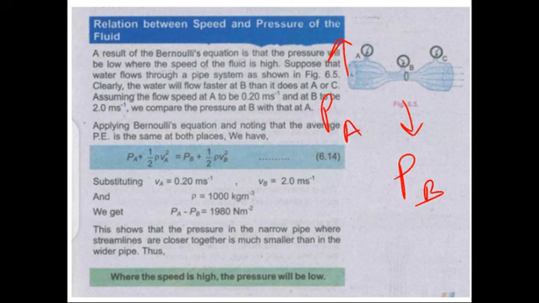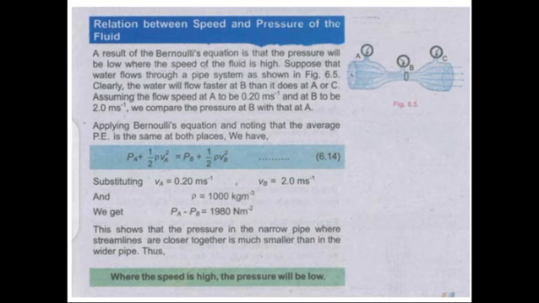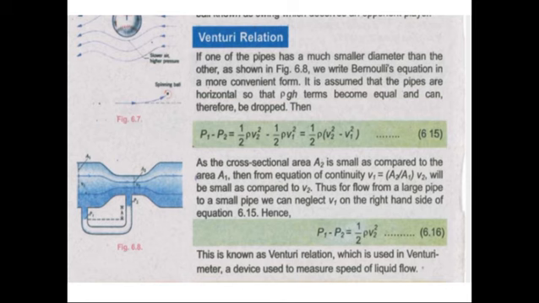Our next topic, the third application of the Bernoulli equation, is the Venturi relation. In simple words, I am telling you about the concept of the last application, the relation between speed and pressure.